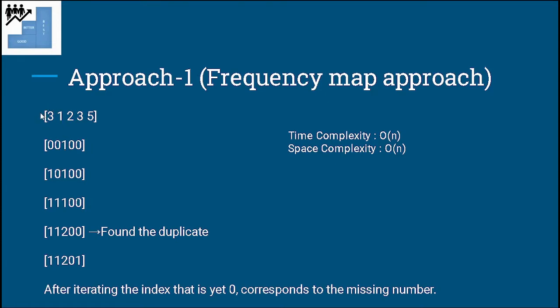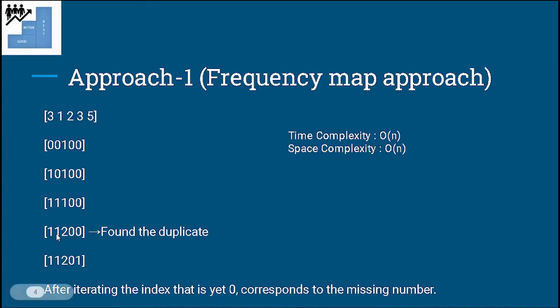So 3 means third index, 1 means the first index, 2 means second index, and 3 means this index is set to 2. So if an index goes to value 2, this means that the corresponding number, 3, is repeated and we find the duplicate.